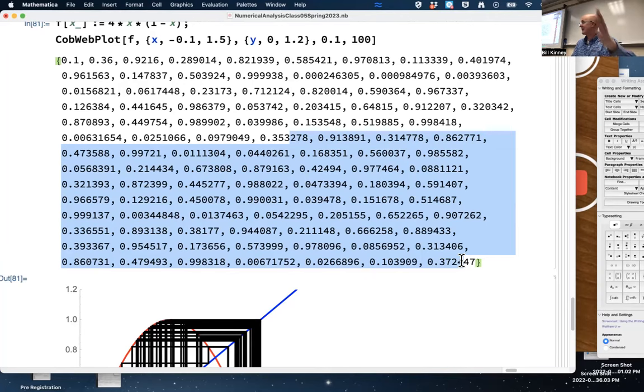But it acts random, right? You look at that and you're like, those numbers are essentially random. It's like a probability distribution or something. But it's not random, it is deterministic. It's chaotic. We're going to explore this more next Tuesday as well.